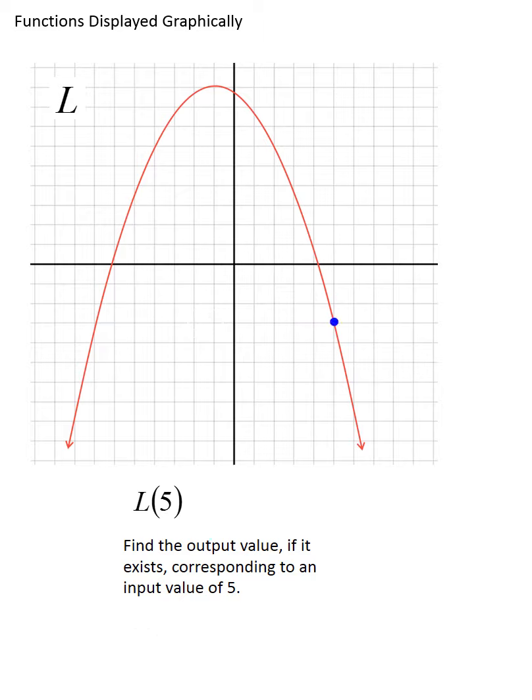You simply notice that this point corresponds to an x value, or an input value of 5, and once you realize, hey, that's the point 5, -3, that's the same as saying L of 5 is -3. Either way, same concept, two different approaches.